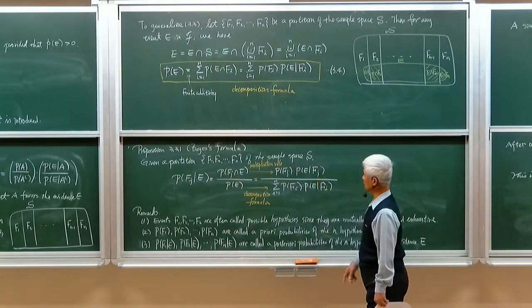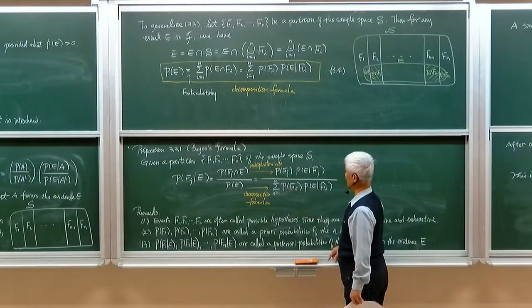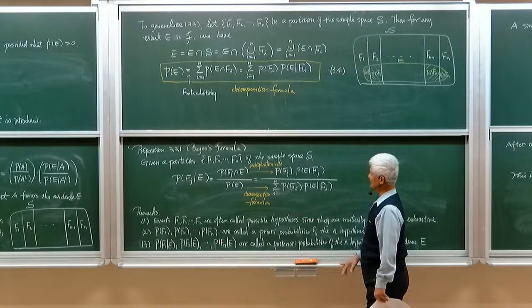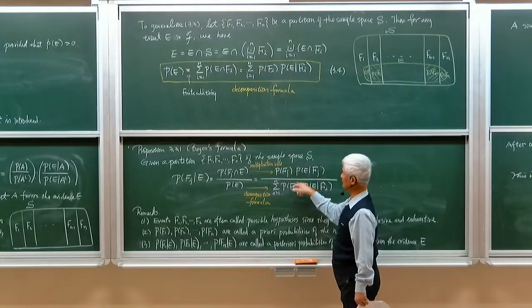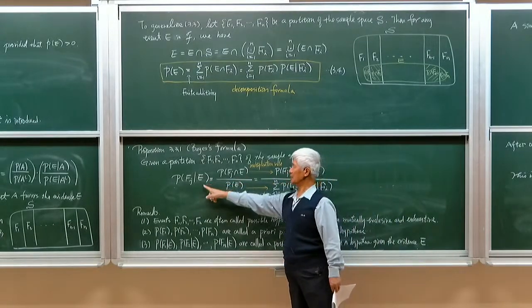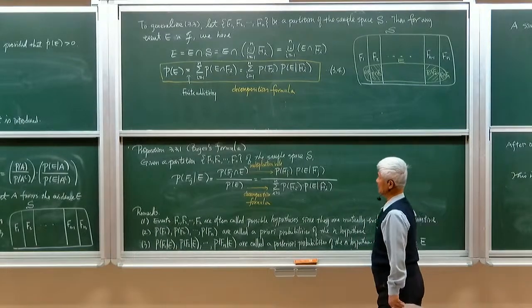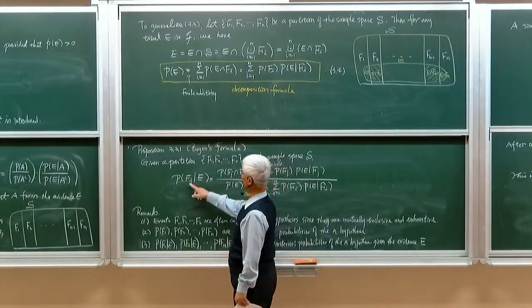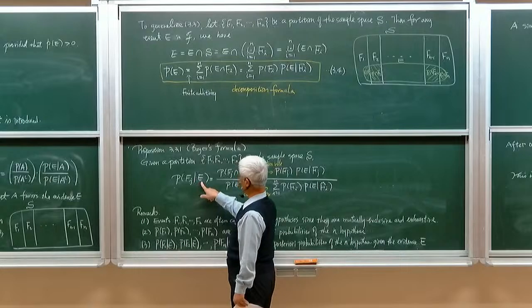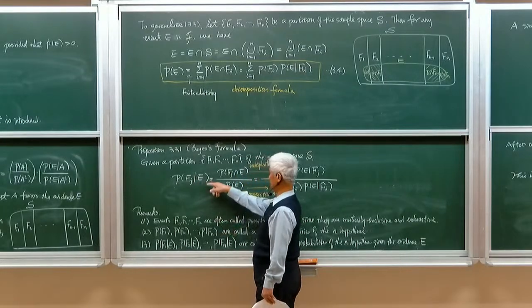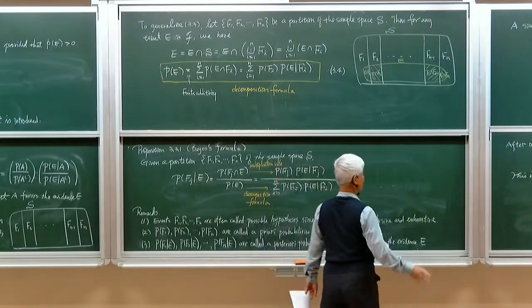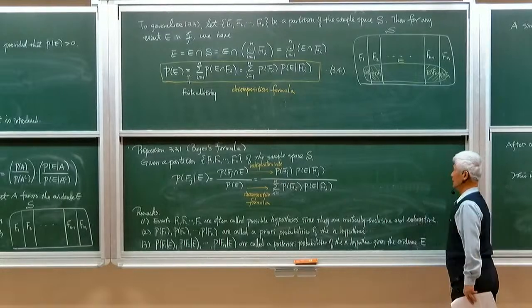So we have these a priori probabilities at hand, and then we can compute this ratio, which is the conditional probability of transmitted signal Fj given that signal E is received.